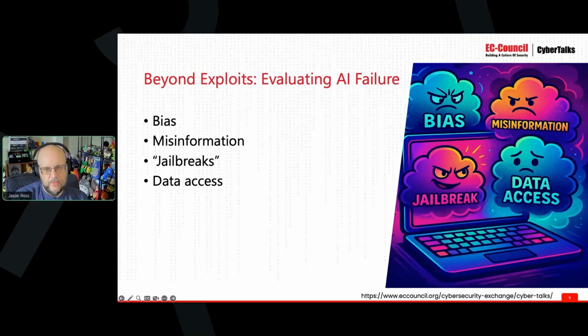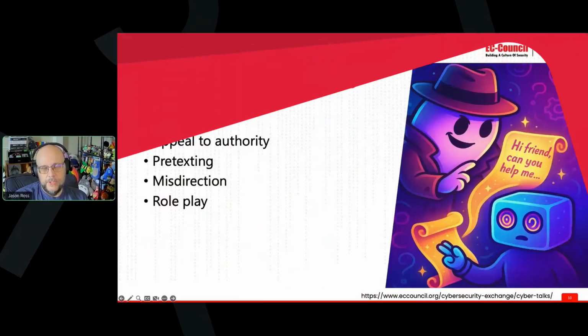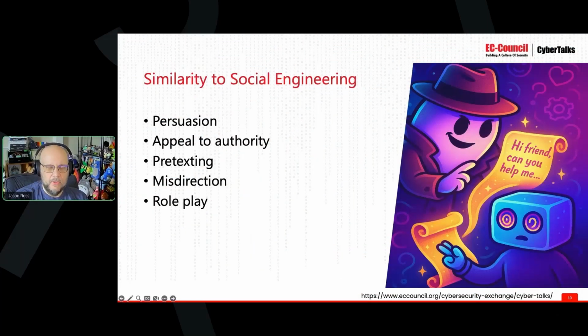The difference is that how we get to things like data access isn't a single exploitable weakness, it's a behavioral pattern for AI that we're abusing. Which makes it more similar to social engineering than it does to things like SQL injection. So if you look at the types of attacks that you're going to be using against an AI, it's very, very similar to social engineering.